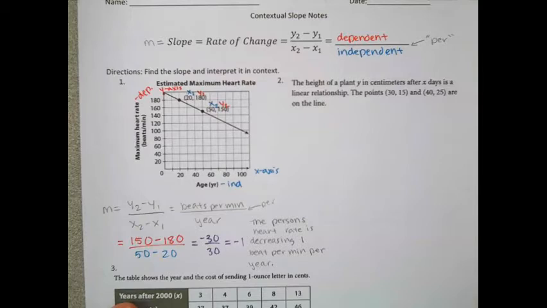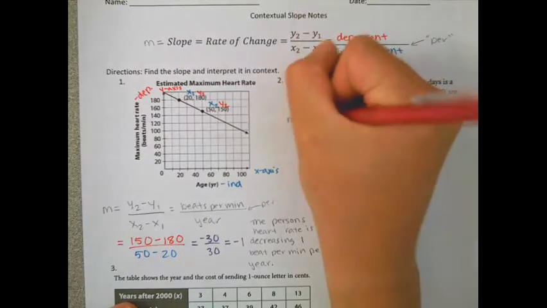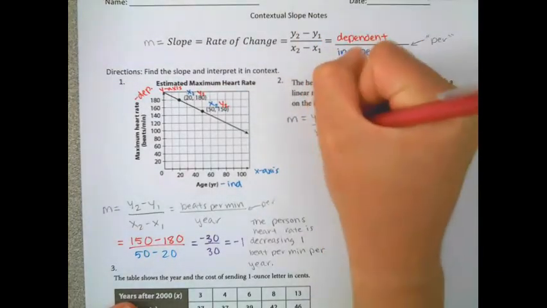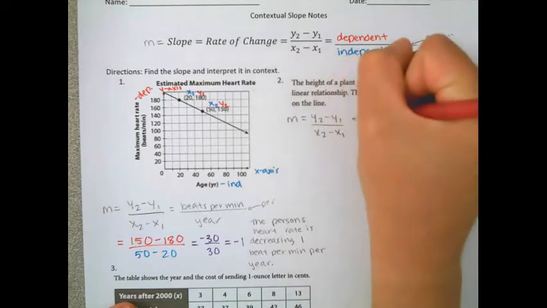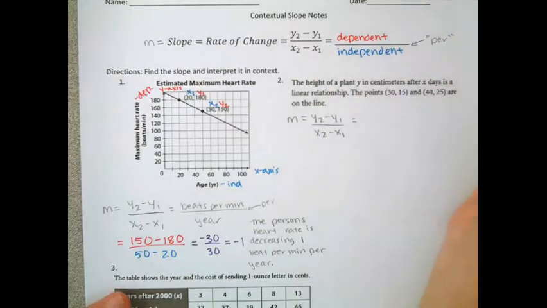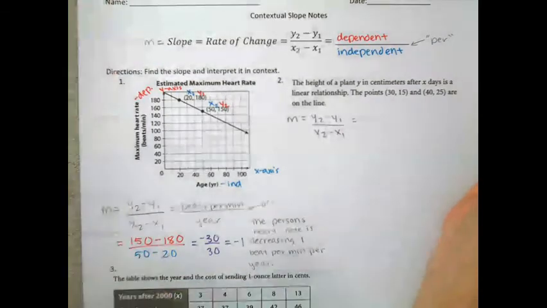Example 2. The height of a plant y in centimeters after x days is a linear relationship. The points (30, 15) and (40, 25) are on the line. So we are going to find our slope. m equals, we're going to use the formula y2 minus y1 over x2 minus x1. And we need to identify what our y's are and what our x's are, our dependent and our independent variables.